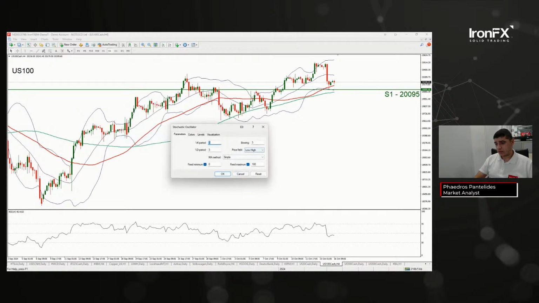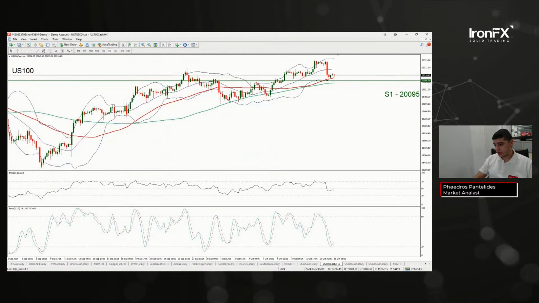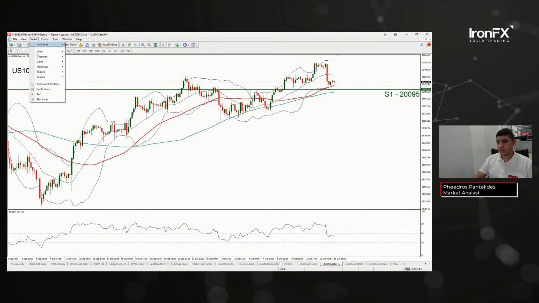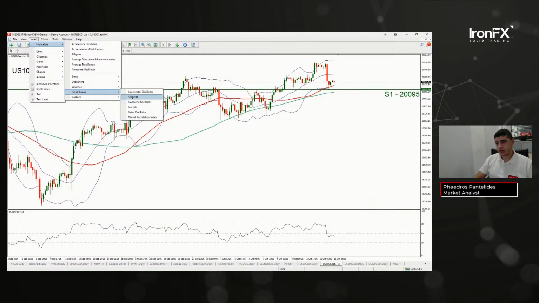K period, price low high, simple, fixed, back down. Nice. Okay, so this might be a retracement. Bill Williams percentage. That's Alligator.